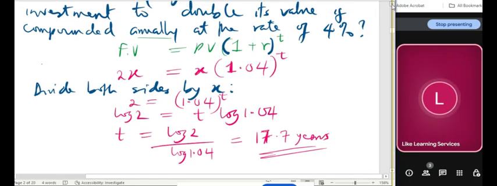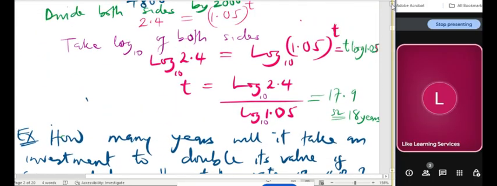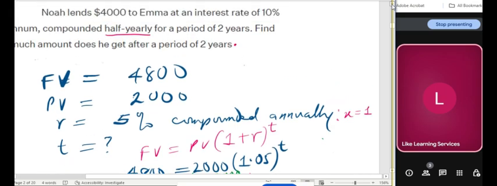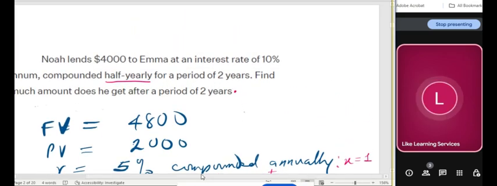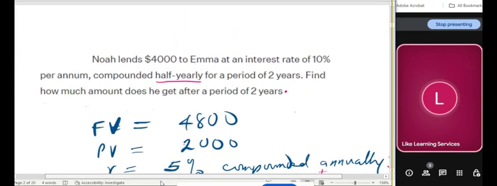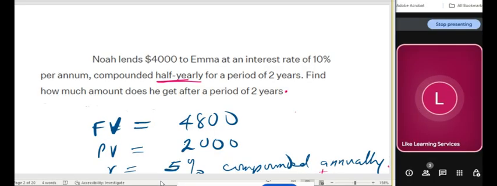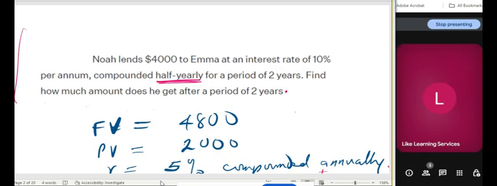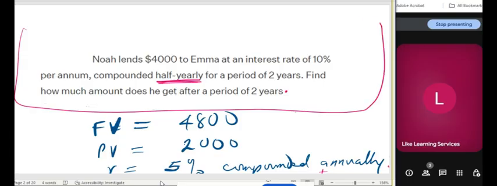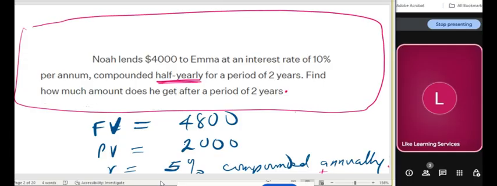Alright, that's it about this. Always take note of when it is compounded annually or compounded like half yearly. How many times will it be done in a year? Twice. So x is actually equal to 2 in this case.